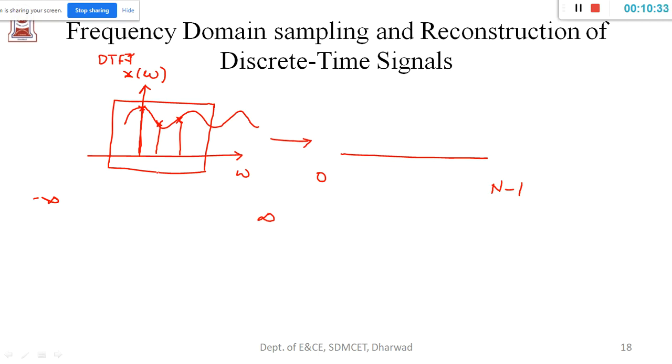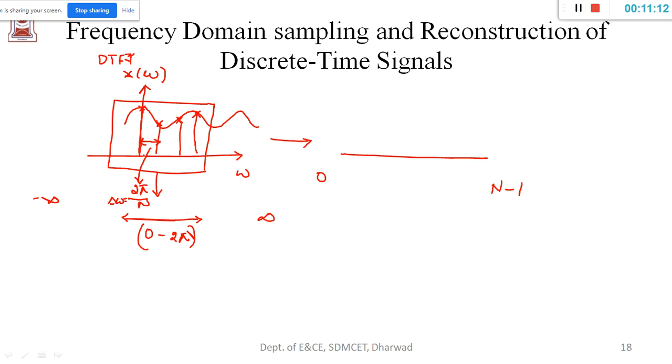This one cycle is of 2 pi, and I sample this continuous signal with N number of samples. What is the distance from one sample to another? Since the entire cycle is 0 to 2 pi, this will be 2 pi by N. So delta omega is 2 pi by N.